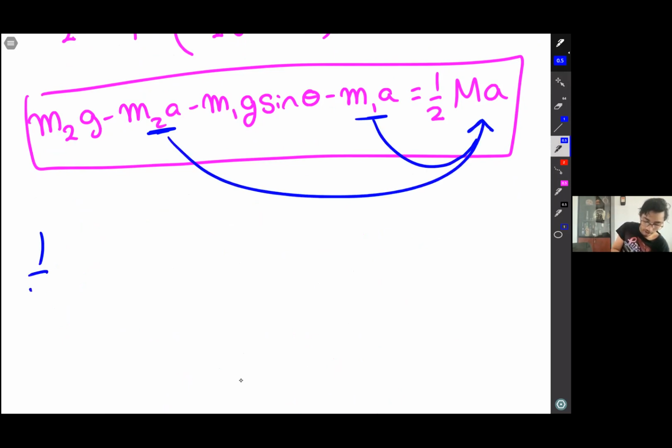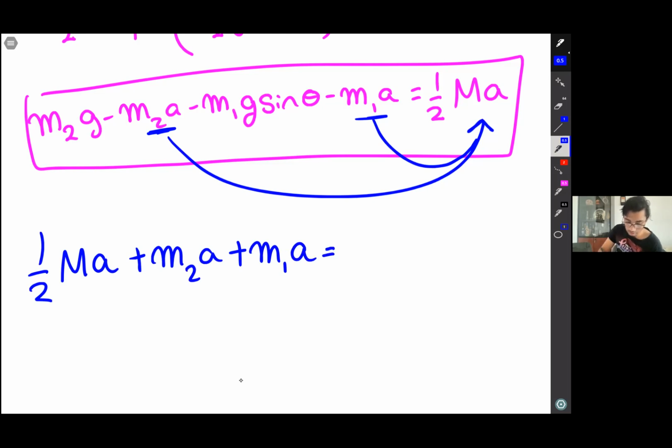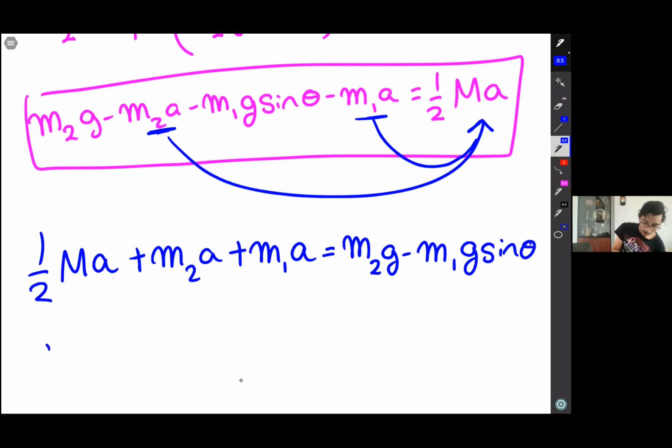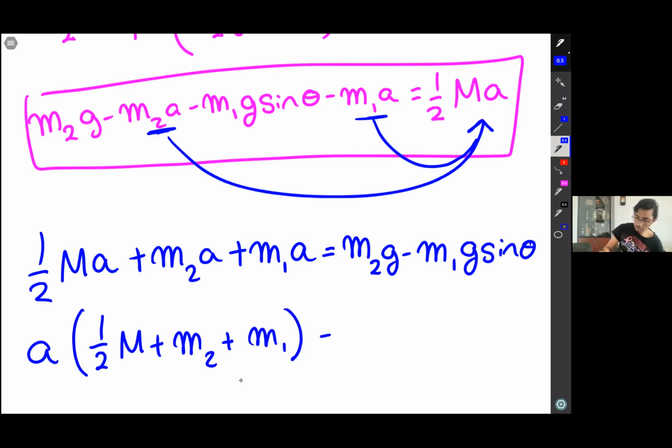We'll get half MA plus M2A plus M1A is equal to M2G minus M1G sine theta. Now let us factor out the A on the left-hand side and the G on the right-hand side. I'll get A times half M plus M2 plus M1 is equal to G times M2 minus M1 sine theta.